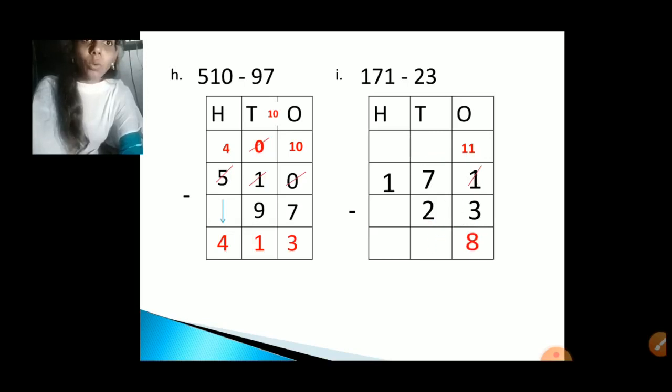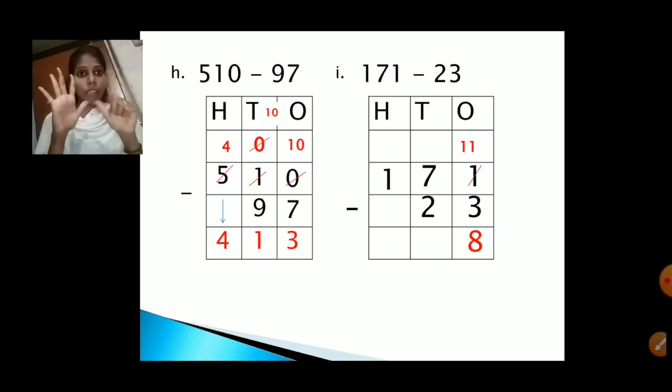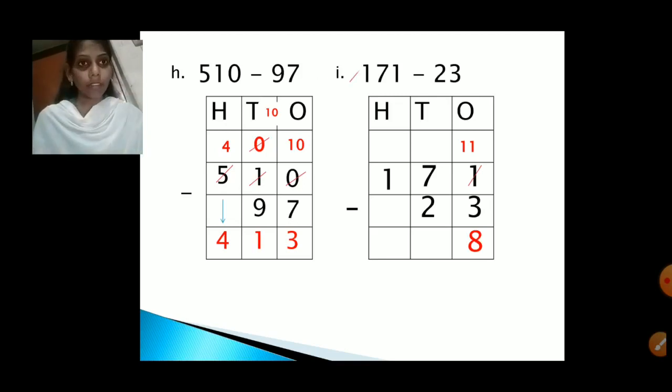Now what we will do? Yes, we will do the tens place subtraction. But before that, we took 10 from tens place, right? So we will subtract 7 minus 1 equals to how many? 6. So we will cut 7 and we will change 7 into 6.